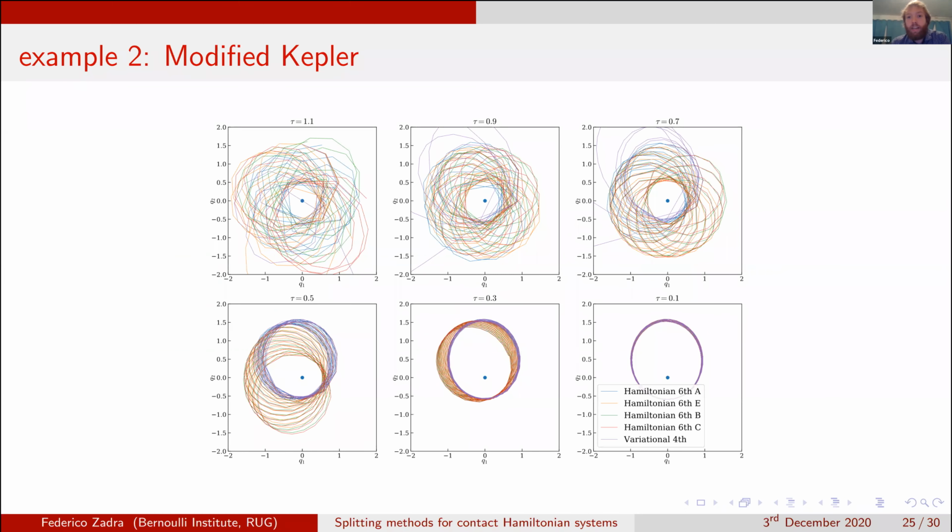So these are the plots with different tau. It is a little bit confusing, but what we can see from a rapid look is that, as we argued before, the coefficient C is better than the others, and also that with a small time step these orbits will be pretty much the same.